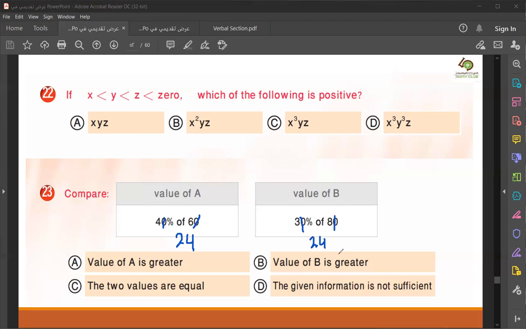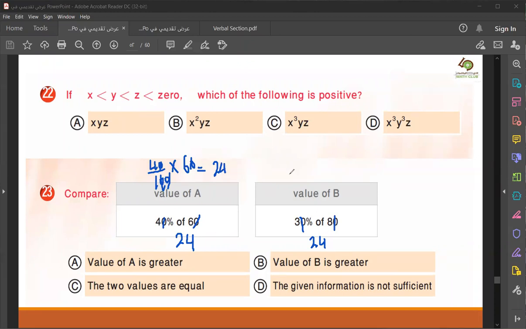right? You see? If you want to solve in the normal way, you can write 40 over 100 times 60, because I have a percentage here. Then you simplify, then 4 times 6 will be 24.